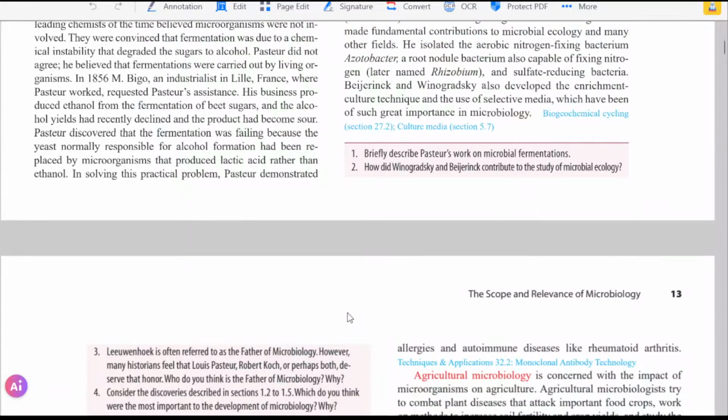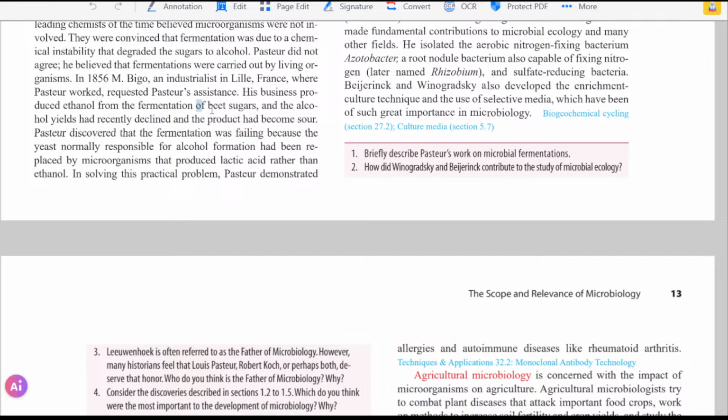Briefly describe Pasteur's work on microbial fermentation. So here is the story of Mr. Bigot. He was doing fermentation with beet sugars, and for some time his beer wasn't of the quality which he usually had, and he came to Pasteur and asked him what was wrong with his fermentation. Pasteur told him that there was some kind of contamination in his fermentation process, like other microorganisms involved along with the microorganisms needed for the fermentation of beet sugar.